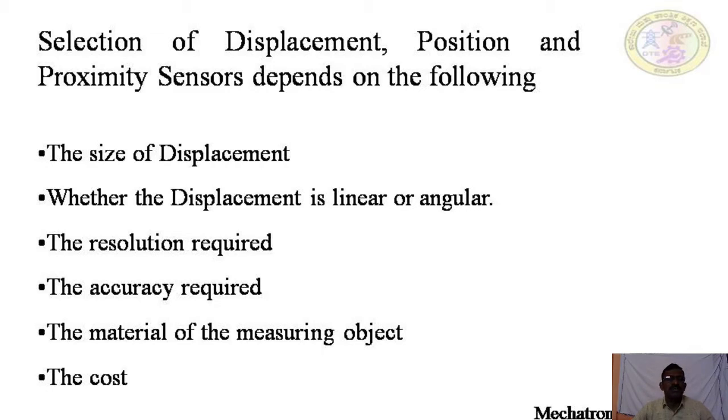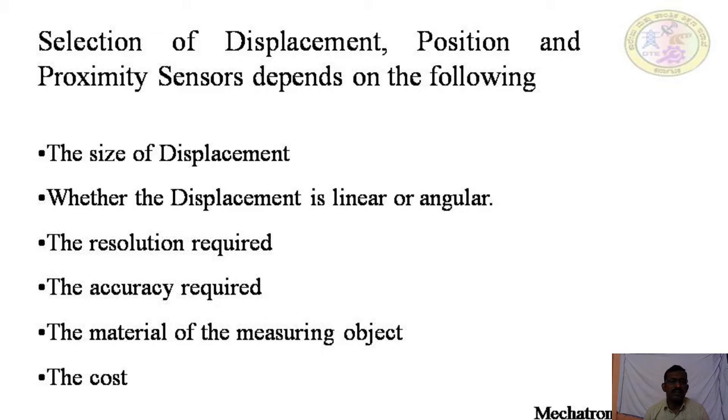So based on which we can select the sensors, the resolution required. So what resolution is required for the results or output, based on which we can go for different sensors of these kinds. The accuracy required.